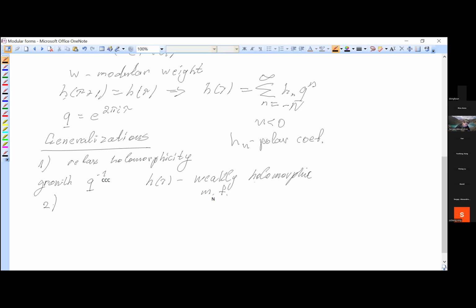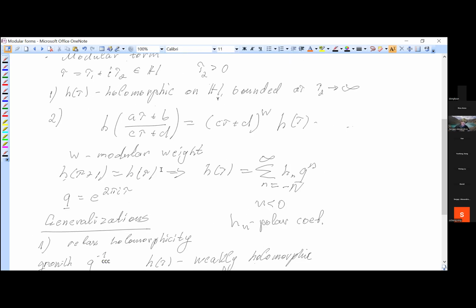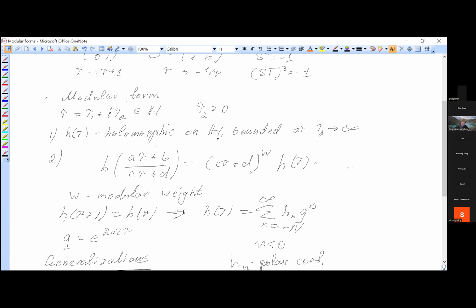The second one is that we allow for a multiplier system. What is it? Let's go to our definition of a modular form, and our main formula is this one.